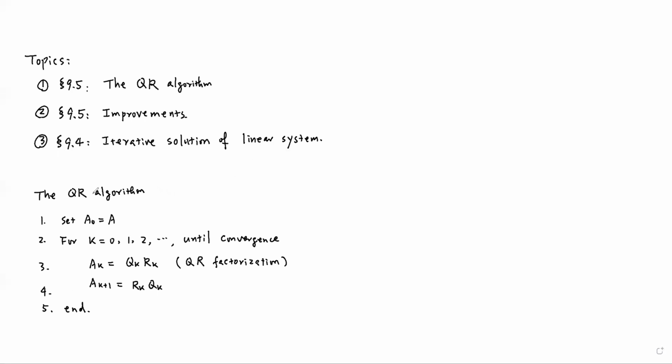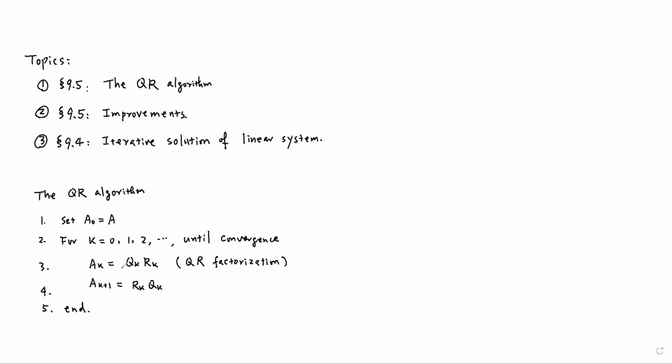Here is the QR algorithm. This algorithm is simple. In each step, perform QR factorization of a matrix, say A_k.